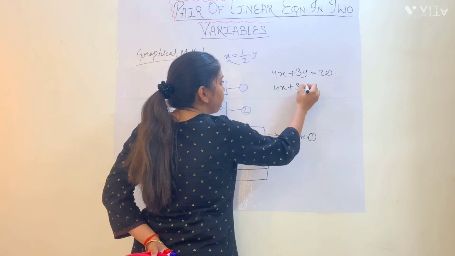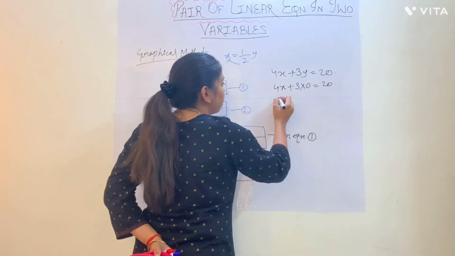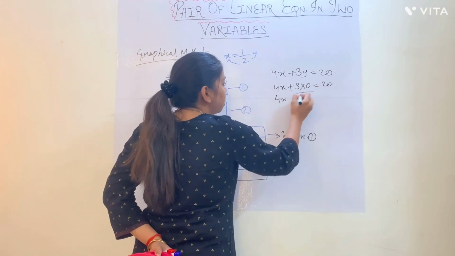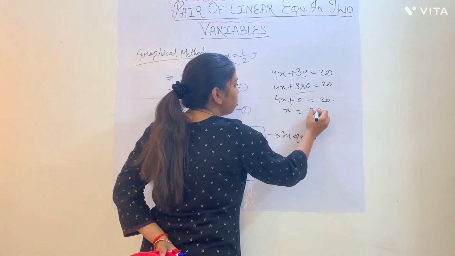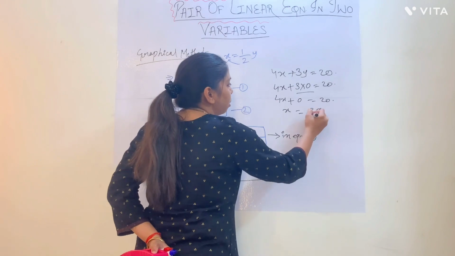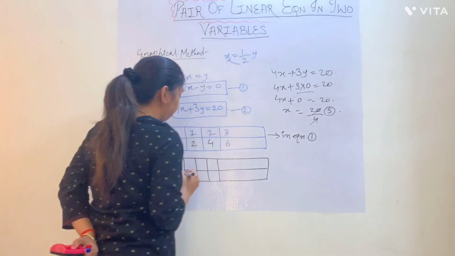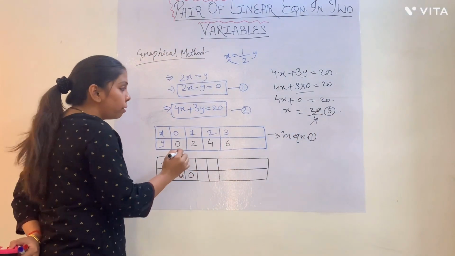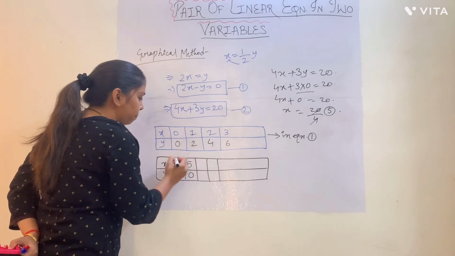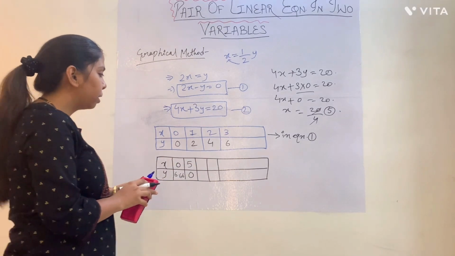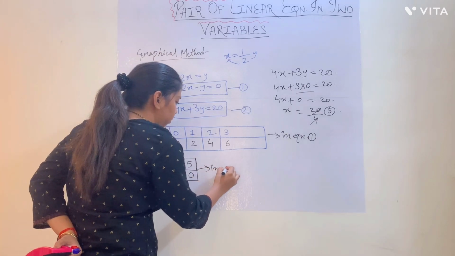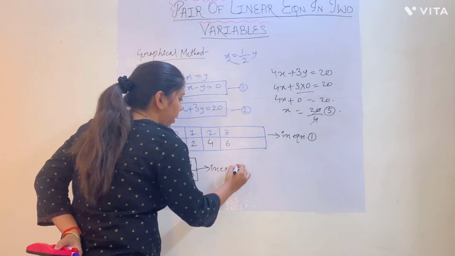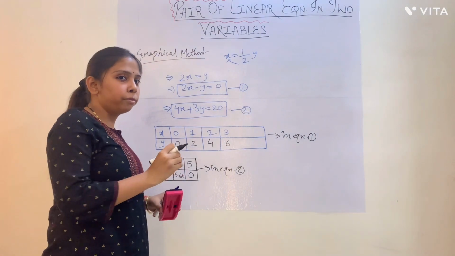The value of x is equal to 20 by 4, that is 5. At y equal to 0, the value of x is 5, in the second equation. Let's draw these values on the graph.